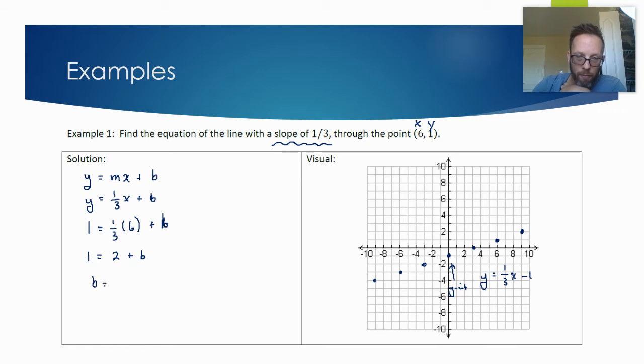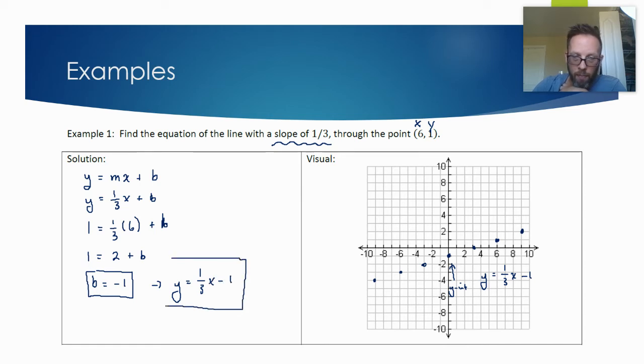You can subtract 2 from each side. We do, in fact, get b equals -1. And the equation of our line, as we wrote on the side that we found graphically, is y = 1/3 x minus 1. So in practice, you might not always have a graph, and you'll have to be able to do this algebraically. Now, a good thing these days is you have programs like Desmos where you could check any of these questions by plotting it in Desmos.